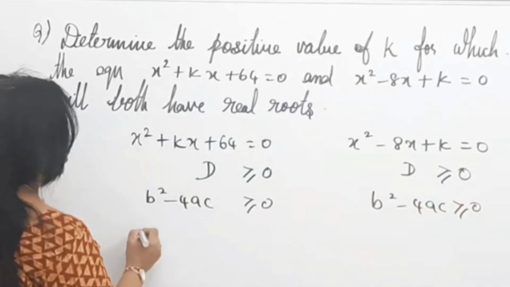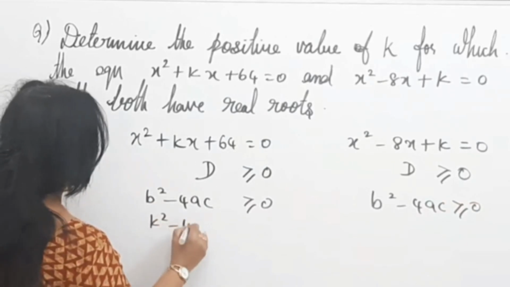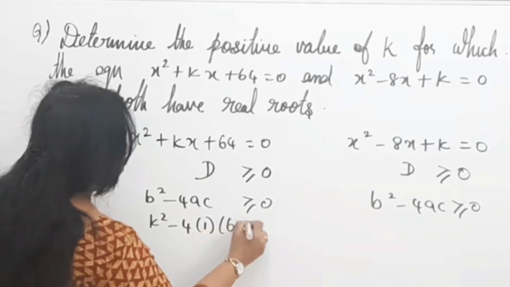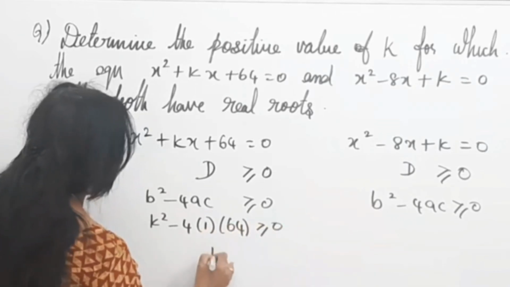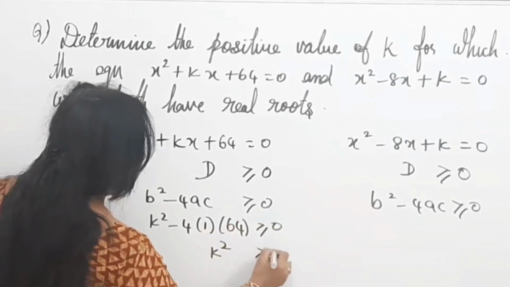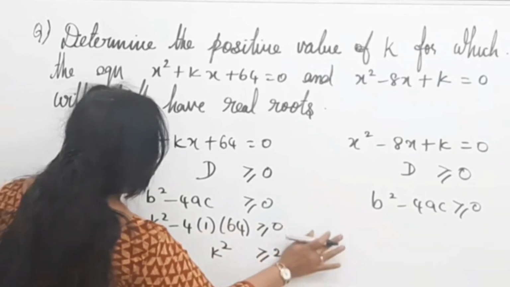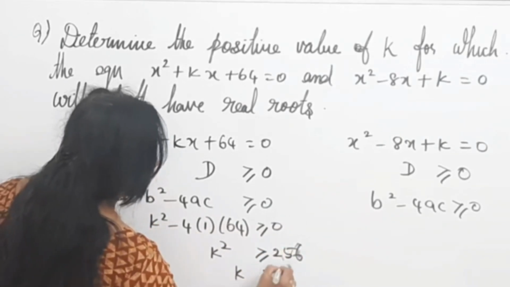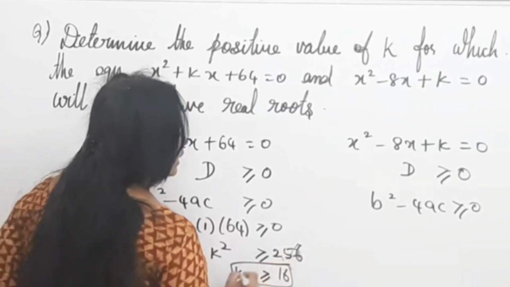So let me find my b square. K square minus 4 into a is 1 and c is 64 is greater than or equal to 0. So K square is greater than or equal to 256. So I would have my K is greater than or equal to 16.